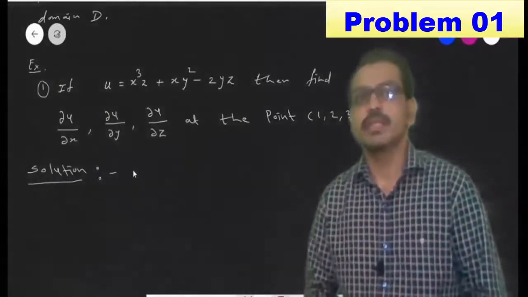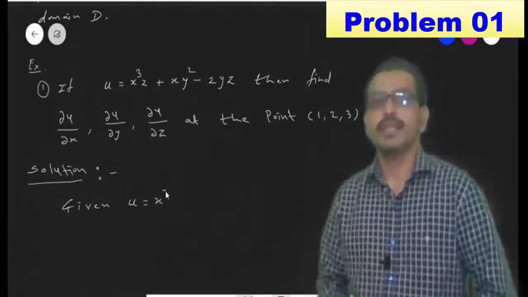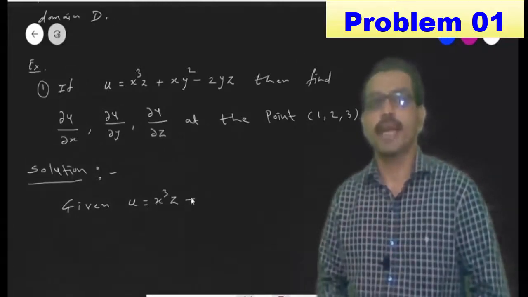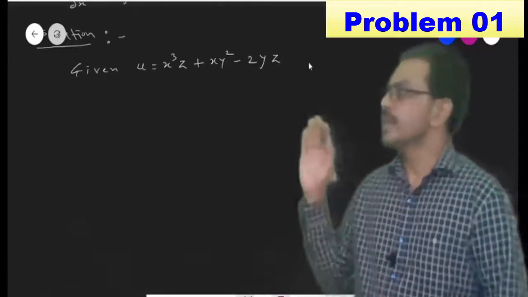Now let us see the solution of this problem. Let the given function be u is equal to x cube z plus x y square minus 2yz, equation number 1.